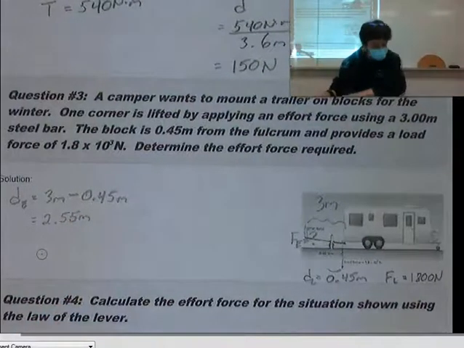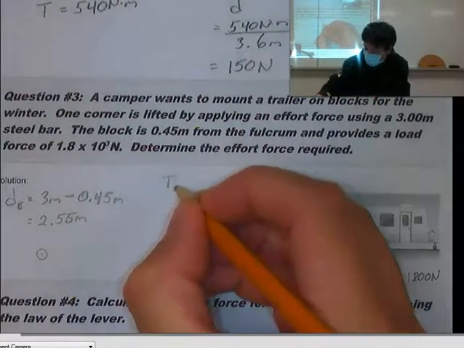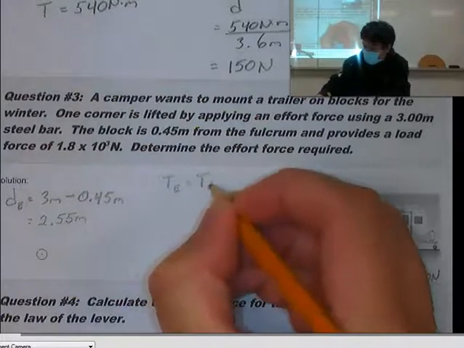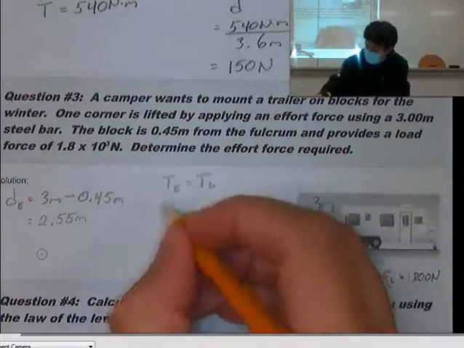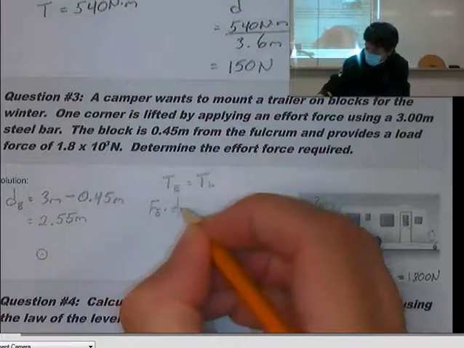Now that we know that, we can go to our torque equation, where our effort torque equals our load torque, and torque is force times distance.